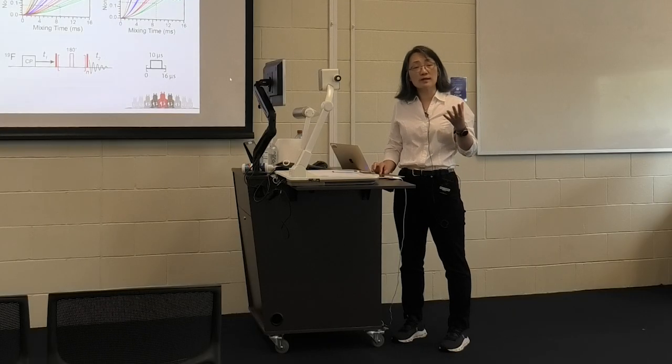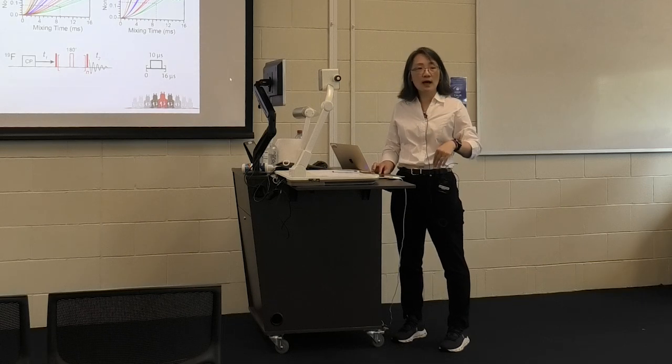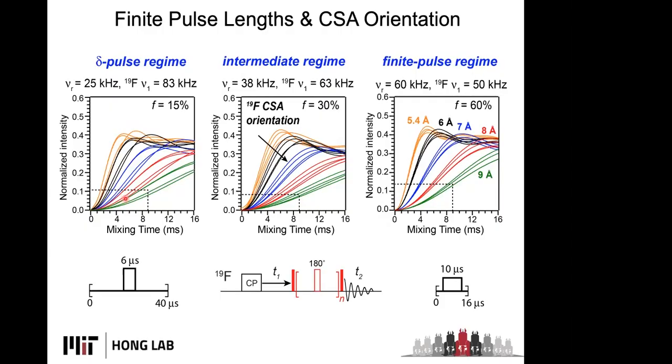And this is what I want, because if I actually measure a bunch of these polarization transfer buildup curves, I would like that to reflect distances instead of tensor orientation. So this works pretty well. Now, if I start to speed up my spinning and I'm using RF field that's not particularly strong, then this is what I call the intermediate regime, where my pulse takes a fairly sizable chunk, 30% of the rotor period.